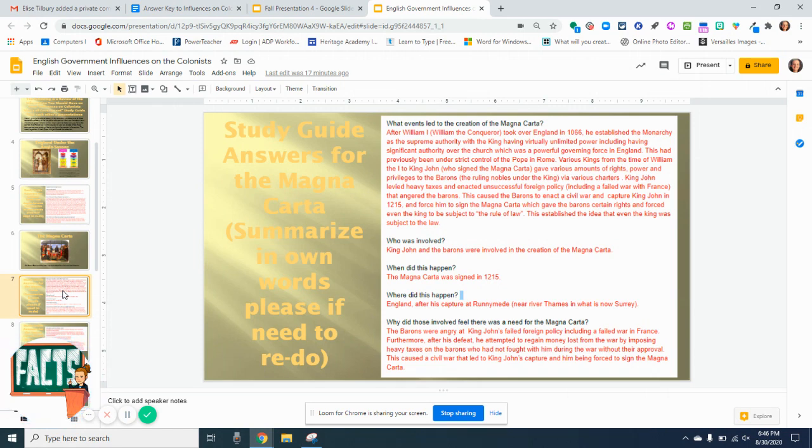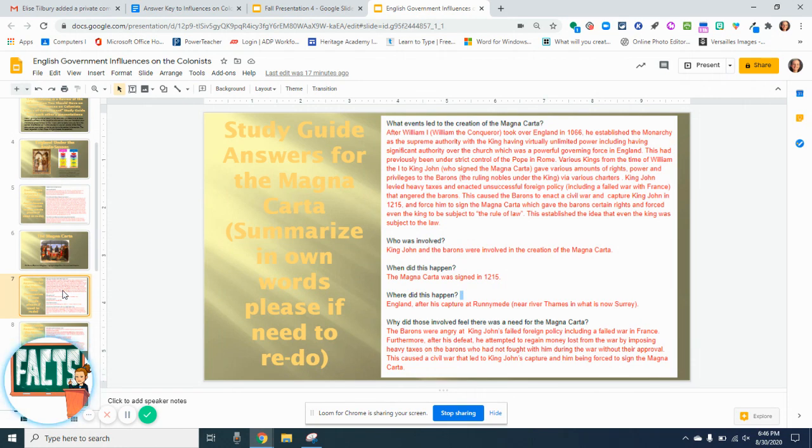Various kings from the time of William I down to King John, who was forced to sign the Magna Carta, gave various amounts of rights and powers and privileges to the barons, which was the ruling nobles under the king, via various charters. So there were some attempts to check the king's power before, but this was really kind of the first solid lead in checking the king's power.